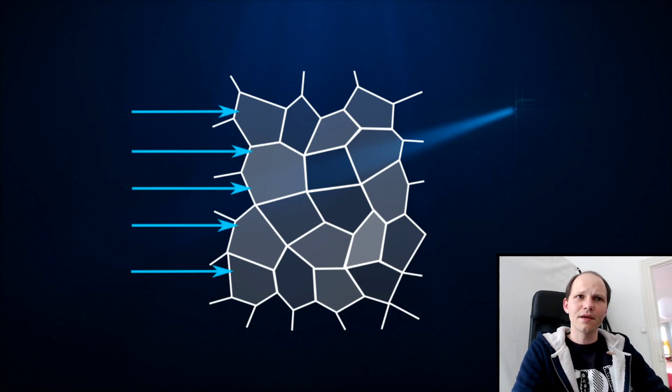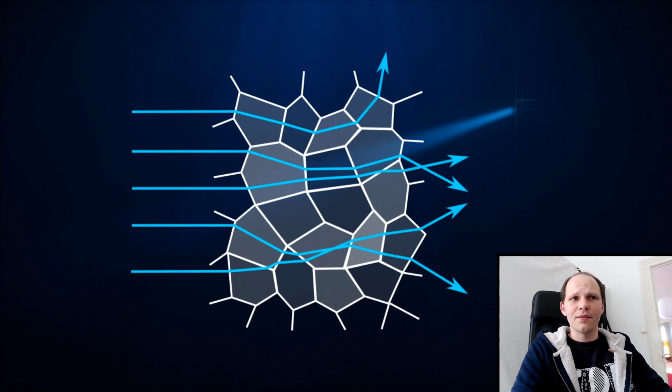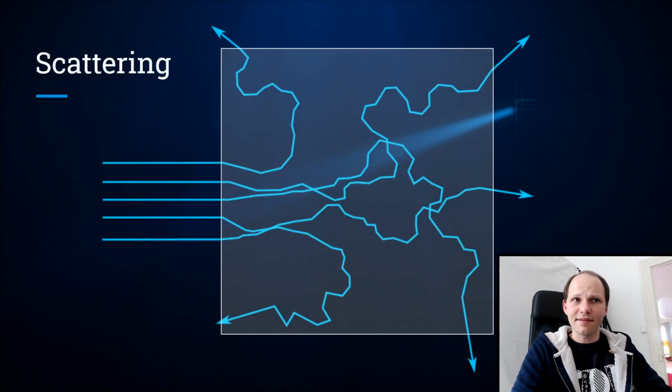If we imagine again all these photons going through this, very soon they will hit one of those changes of index of refraction, and when that happens, as we've seen earlier, they will change direction. And soon after they will hit another change and change direction again, and again, and again. And there is a point where that will have happened so many times that you can consider the direction of those photons to be now completely random.